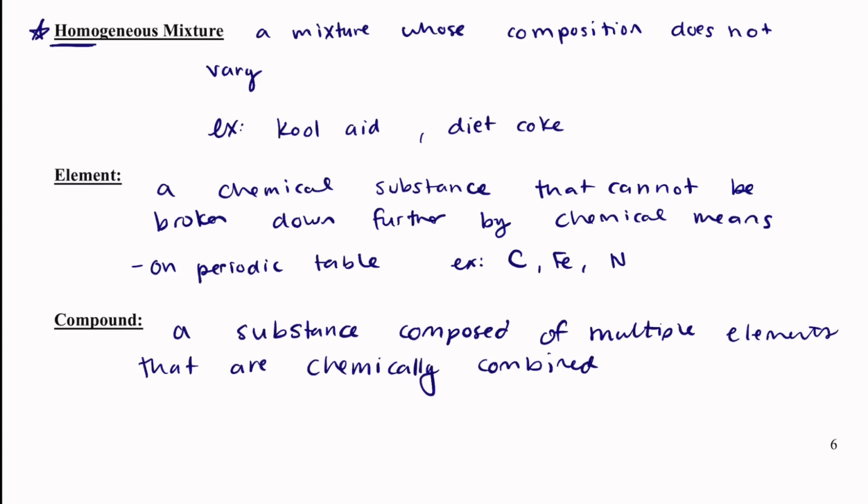A compound is going to be multiple atoms put together, so a great example is water, carbon dioxide, or glucose. And if we notice the way the formulas look, these are not just one type of element, where in water we have H's and O's. In glucose we have C's, H's, and O's.